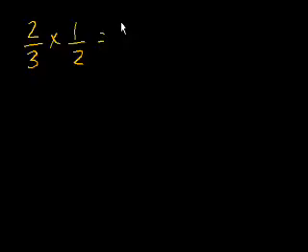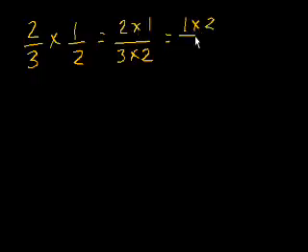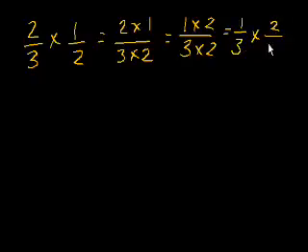Because you know that this is going to be the same thing as 2 times 1 over 3 times 2, which is the same thing. I'm just switching the order on top, is 1 times 2 over 3 times 2, right? All I did is I switched the order on top because you can multiply in either direction. And that's the same thing as 1/3 times 2/2. Well, that just is 1/3 times 1, which is equal to 1/3.